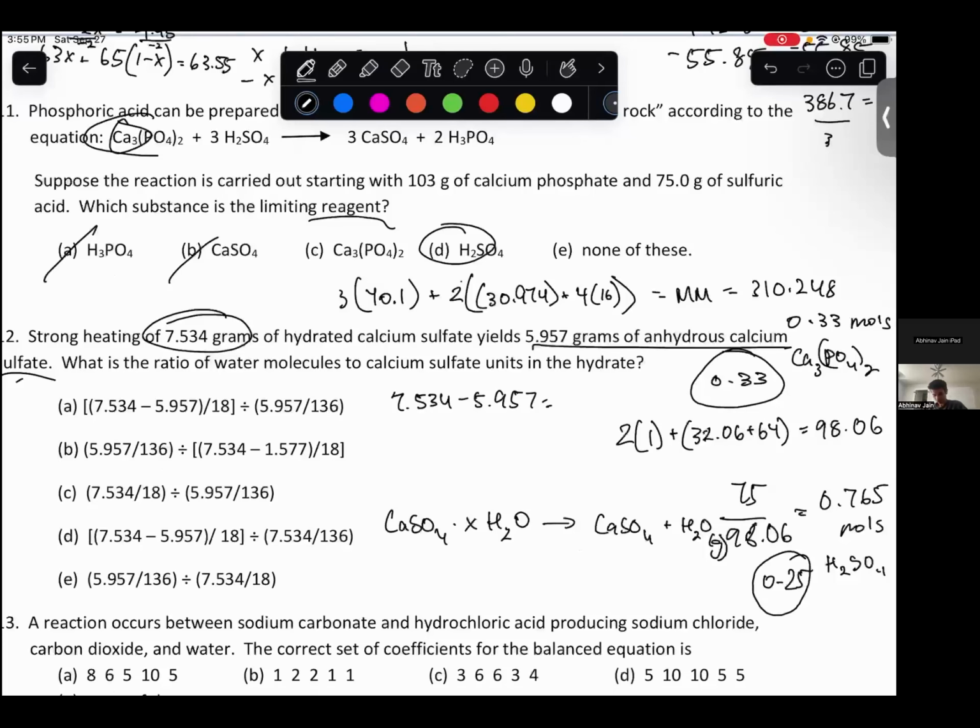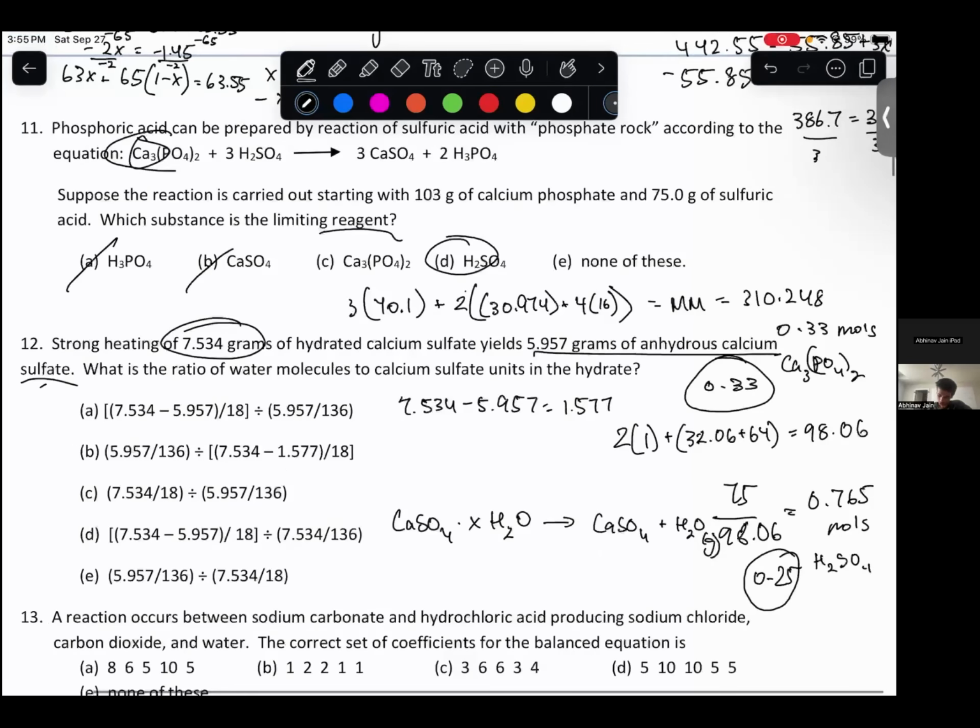So 7.534 minus 5.957 is going to be 1.577. So that means there's 1.577 grams of water that we drove off when we heated up the hydrated calcium sulfate. Obviously, 1.577 divided by 18 will get us the amount of moles. 0.0876 moles. That's how many moles of water we drove off.